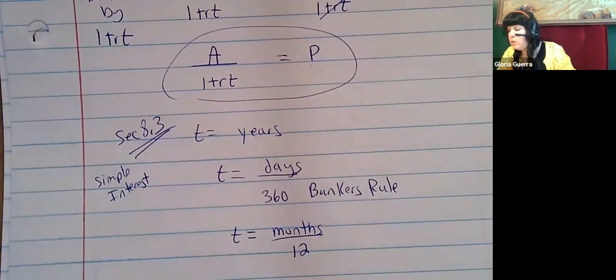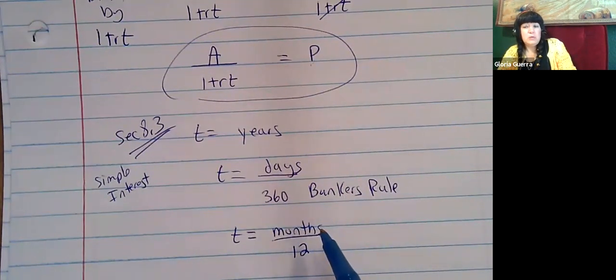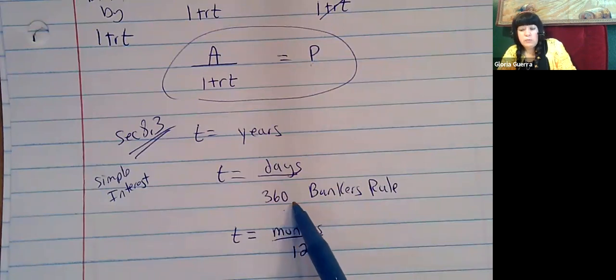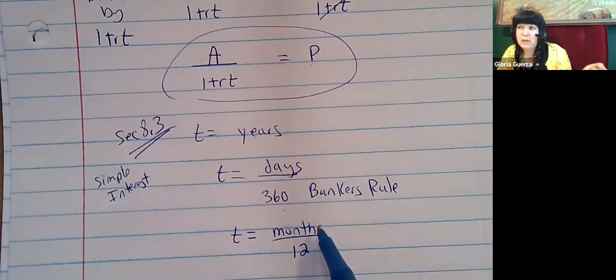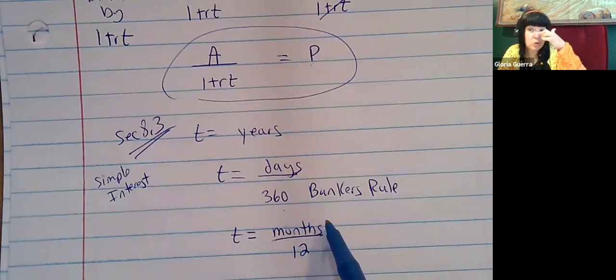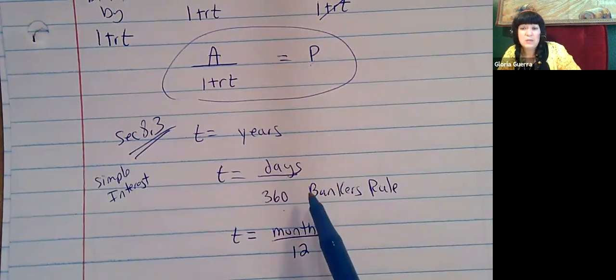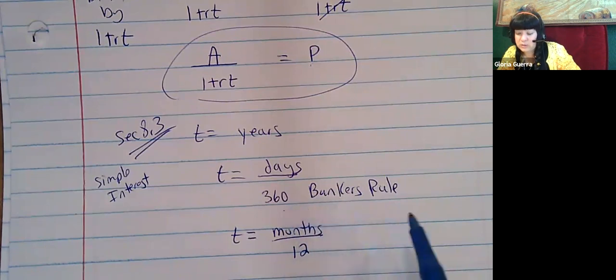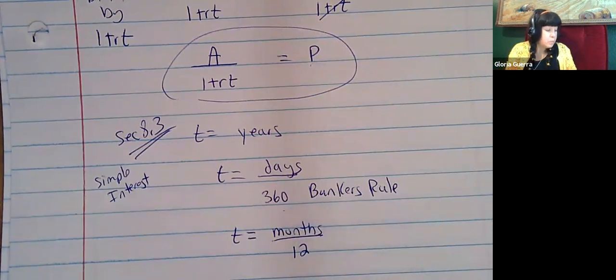I know in a year there are 365 days, or 366 in a leap year, but they use the banker's rule of 360. Unless they tell you how many days to use, 366 or 365, then you use that. But if they only say days, you use the banker's rule, which is 360.